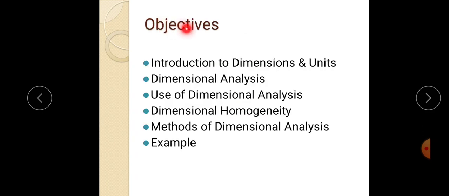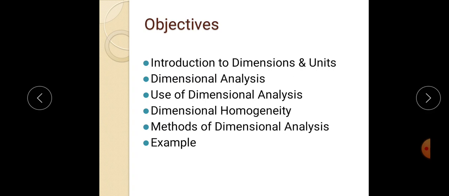Now, what are the objectives of this video assignment? First of all, I'll be discussing the introduction to dimensions and units. Why dimensions and units? Because in dimensional analysis, our main concern is on the dimensions only. So we'll be discussing dimensions and units, their introduction, types of dimensions, and all other things.